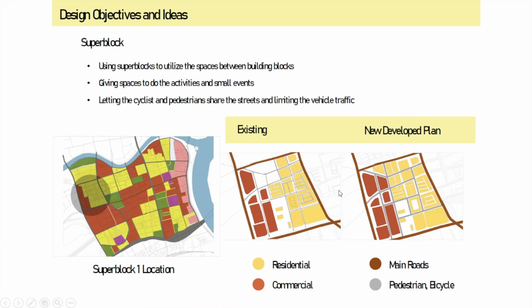So in order to block that, I put these big roads that are only accessible by pedestrians and bicycles, so that it can reduce the ecological footprint inside this block. The boundary of this block are the main roads, so that they can be accessible from outside, but we don't let outside people into this building block by vehicle.